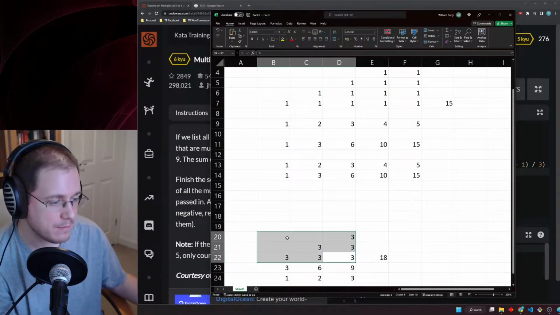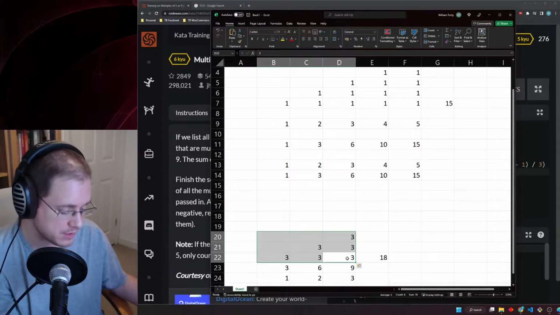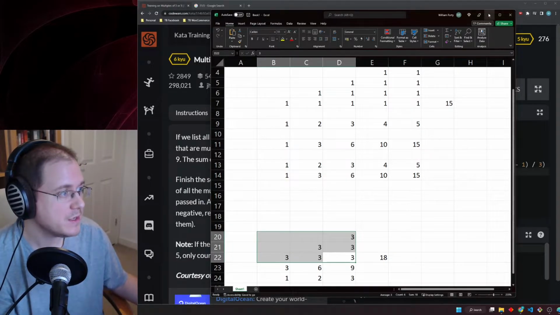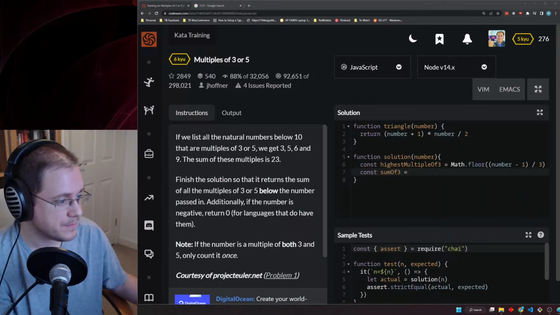So that's the sum of all of the terms of the 3 times table, which is based on the triangle number. So we need to get the third triangle number and then multiply that by 3. So that's what we're going to do.